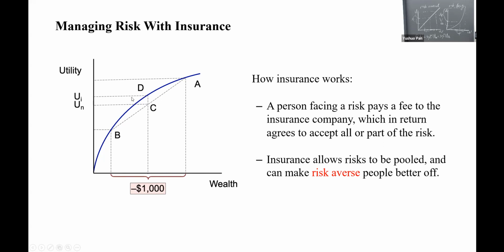So my new utility is UI. According to this figure, you can see the utility if I buy the insurance is bigger than the utility if I do not buy the insurance. That also explains that insurance allows risks to be pooled and can make risk-averse people better off.